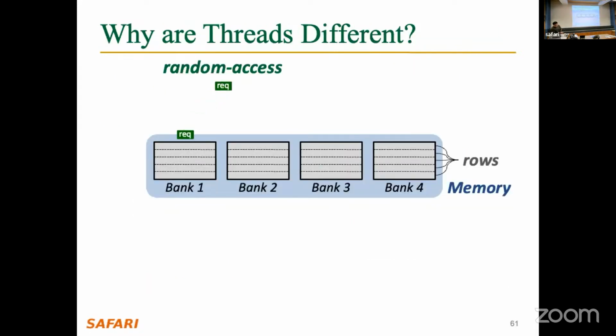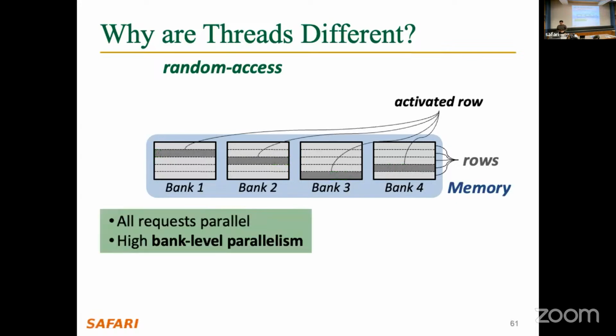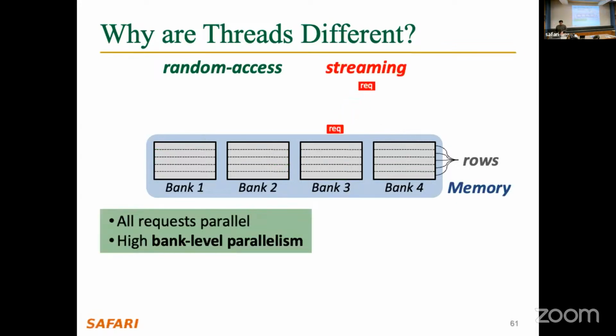So you have this sort of an access pattern when you're running the random access workload. You have multiple requests going to different banks, and you can parallelize them if this is running alone in the system. It has high bank level parallelism, basically. When you run streaming, it's accessing the same bank, same row, but different columns. It's streaming through the activated row.